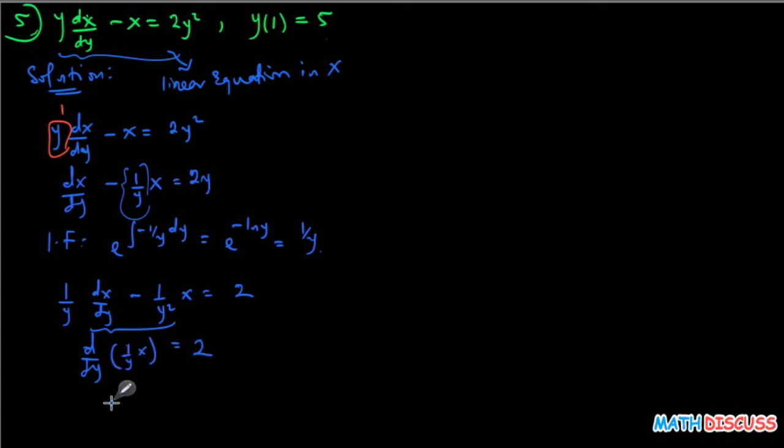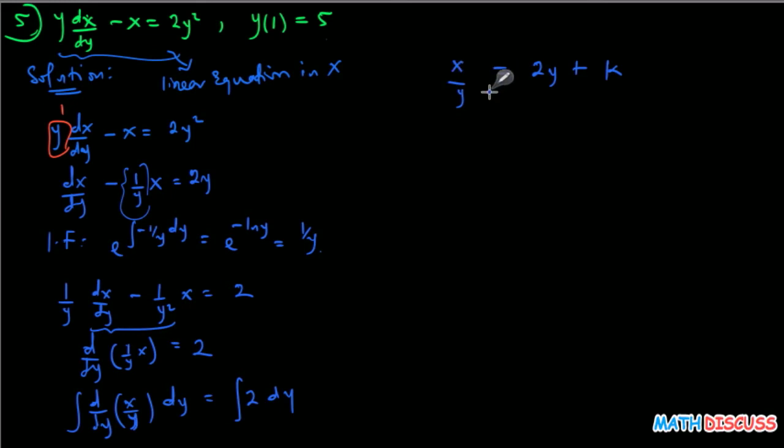To solve, we integrate both sides with respect to y. Since we're integrating a derivative, we get x over y equals 2y plus an arbitrary constant. So x equals 2y squared plus ky.